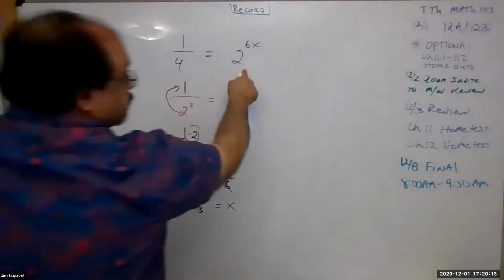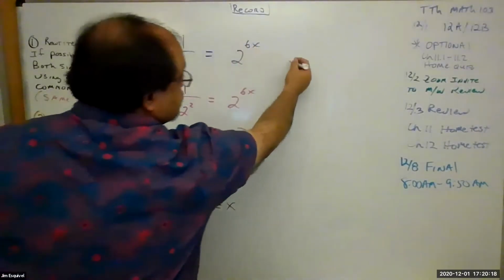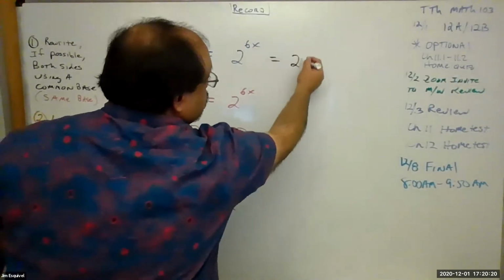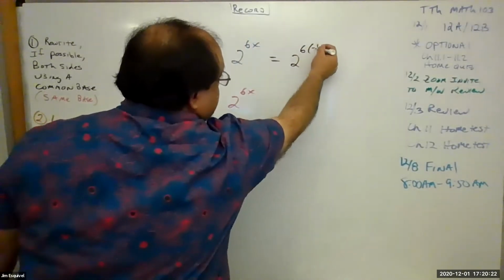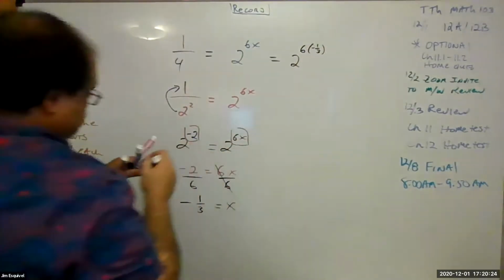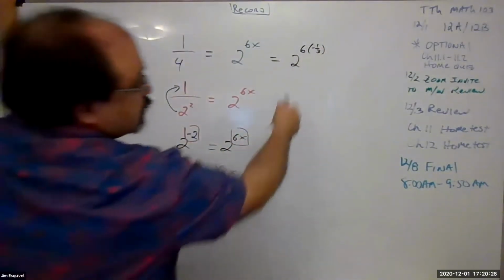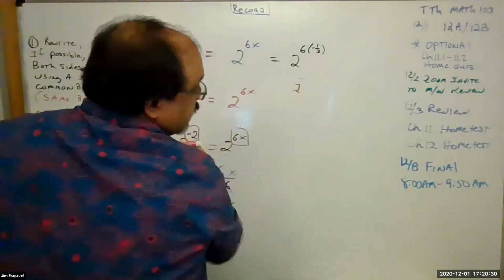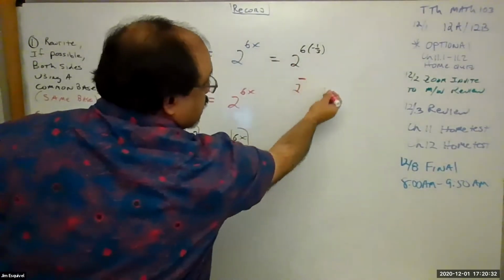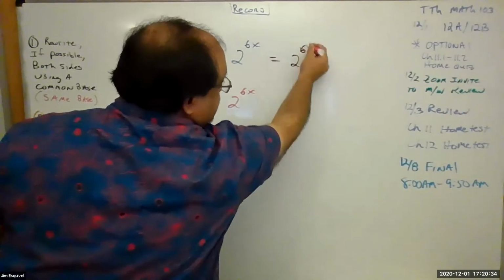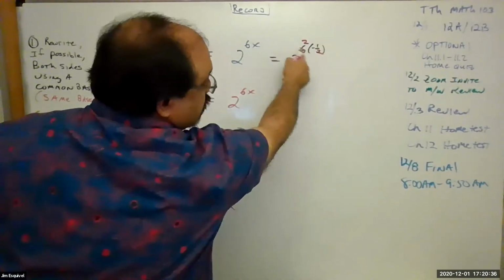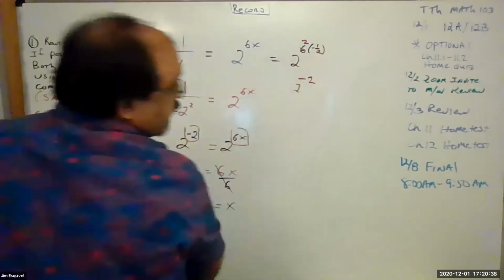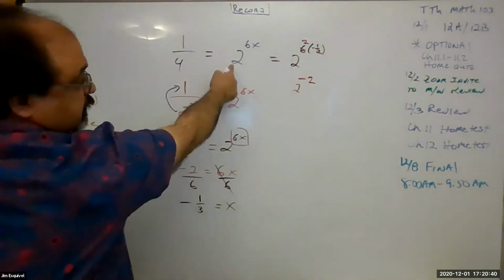If you plug it in, 2 to the 6 times x. 2 to the 6 times negative 1/3. So that positive times that negative is going to be a negative. And 3 goes into 6 2 times. 2 times negative 1, that's 2 to the negative 2 on this side.